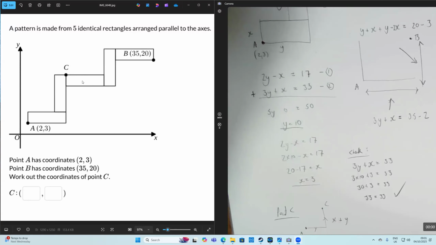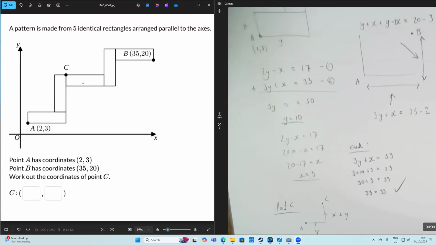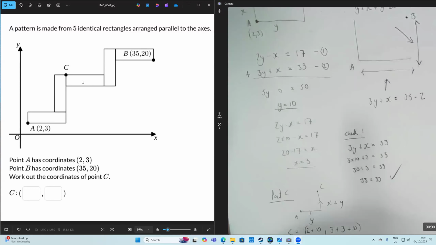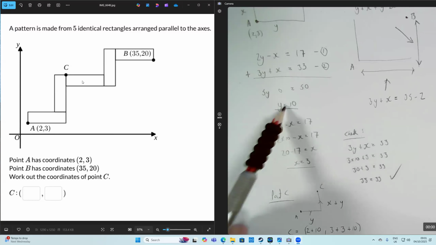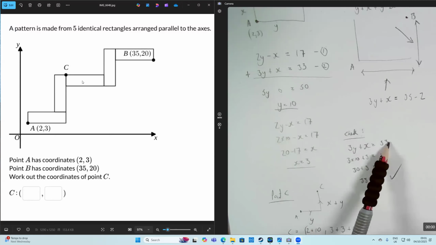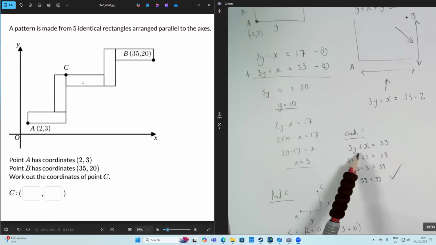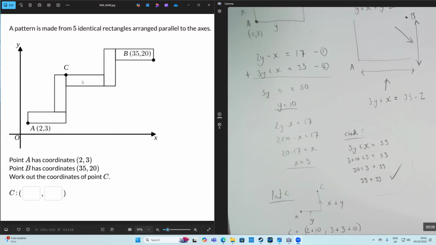It's always good practice to check these in the other equation, so we can see that they do in fact work. We didn't use this equation, so let's check that our values are consistent. 3y add x is 33. We think y is 10 and x is 3, so 3 times 10 add 3 is 30 add 3, which is 33. So the values we have for x and y do work in the second equation.